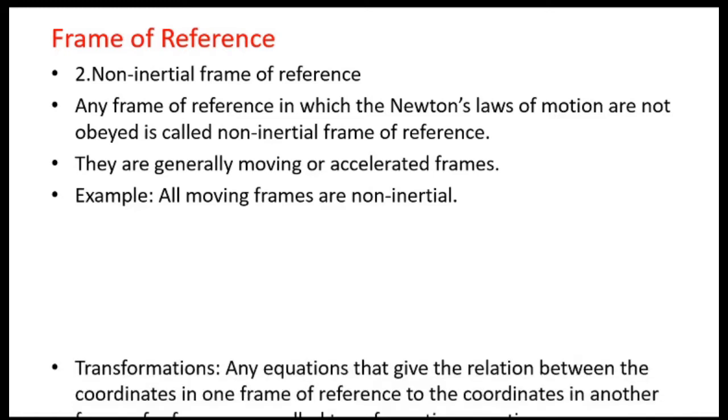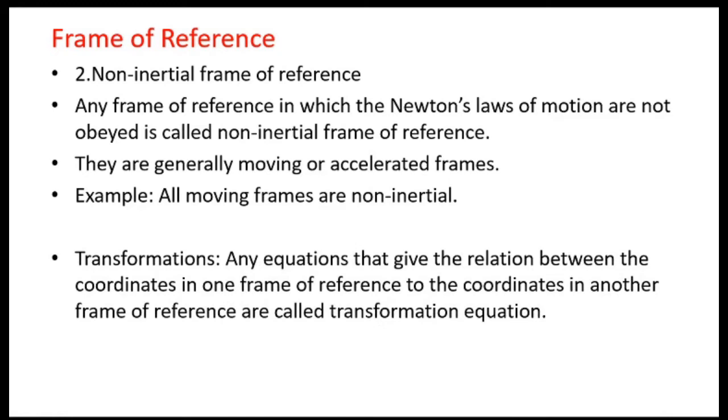Now suppose that there are two frames of reference. If we denote one by S and another by S dash, and there is a particle or a point where an event has taken place, then the coordinate of this particle in one frame of reference may be exactly different from the coordinate of this particle in the other frame of reference.